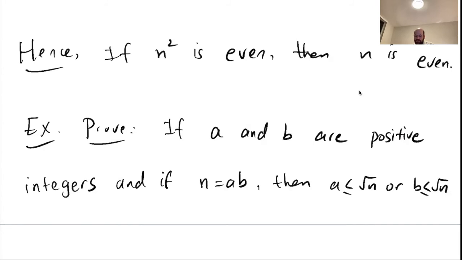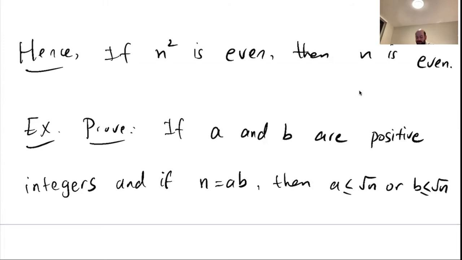Again, one way to do it is to try to prove it with a direct proof. But if you want to do a direct proof, you will be stuck, because you have to start with the assumption. The assumption is n equals AB, and in the conclusion you have root n appear. So you have to take square root n equals root a times root b.